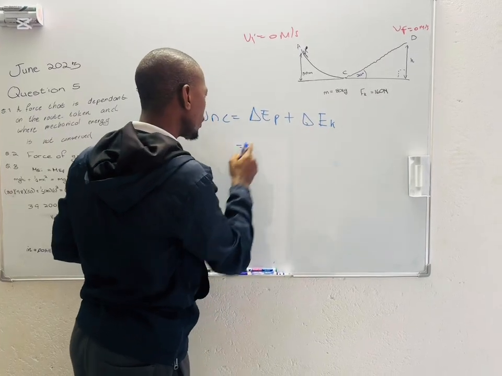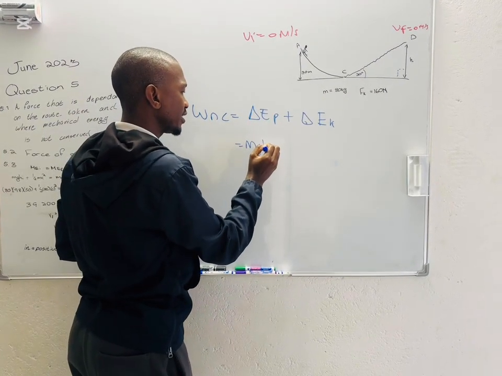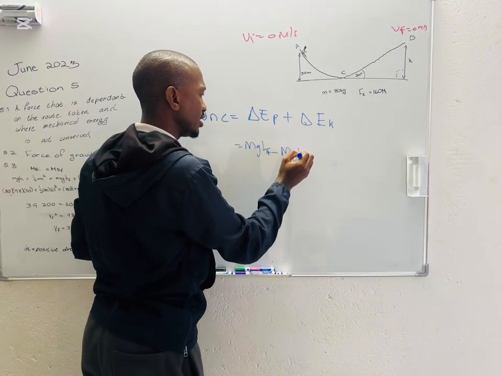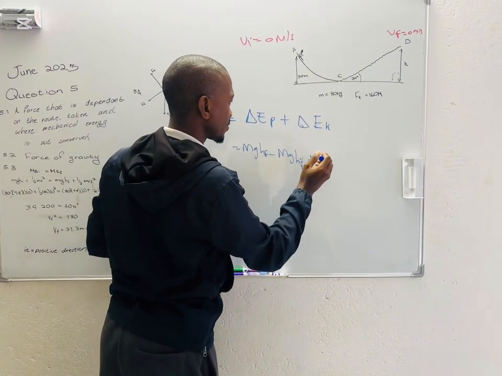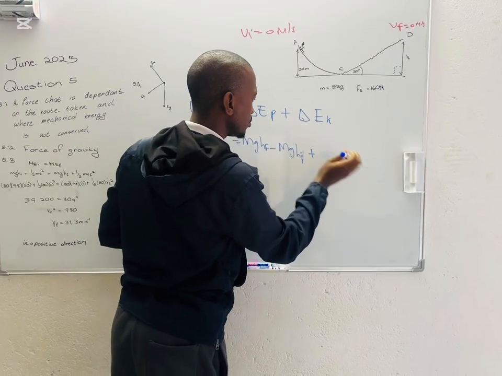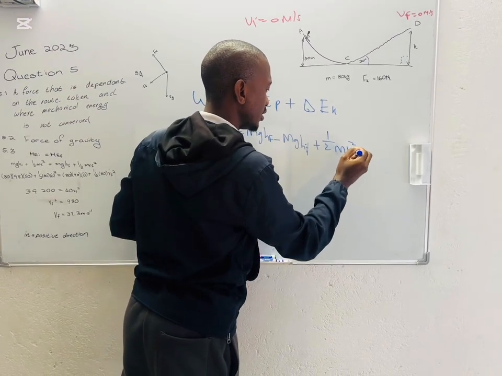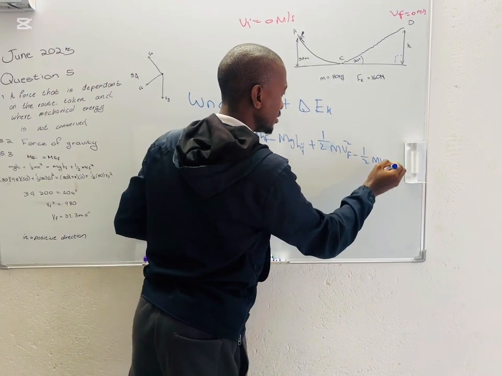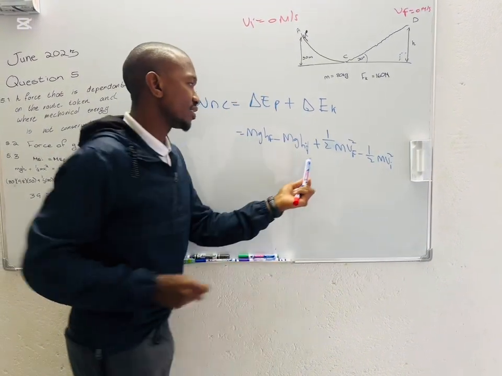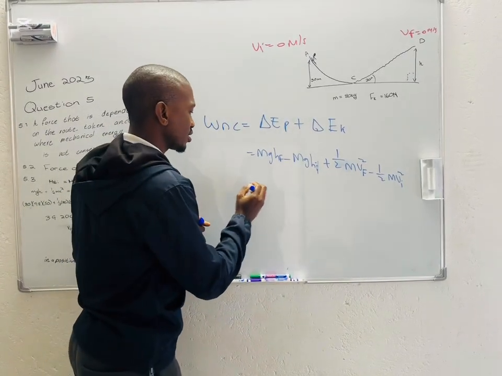EP we know is given as mgh final minus mgh initial, plus half mv final squared minus half mv initial squared. So this is the change in EK and the change in EP, and then I can start to substitute.